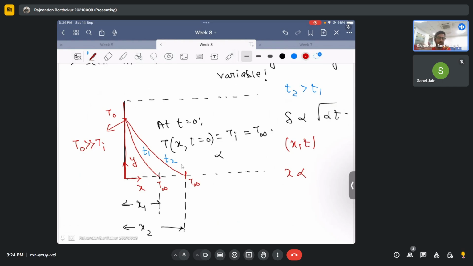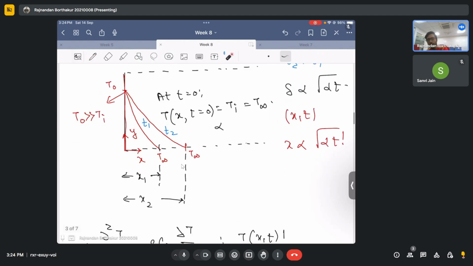It denotes the distance up to which your temperature field has propagated. So this x, the distance up to which the conduction wavefront has propagated, is proportional to the square root of alpha times t, which means your independent variables, x and t, are related to one another.